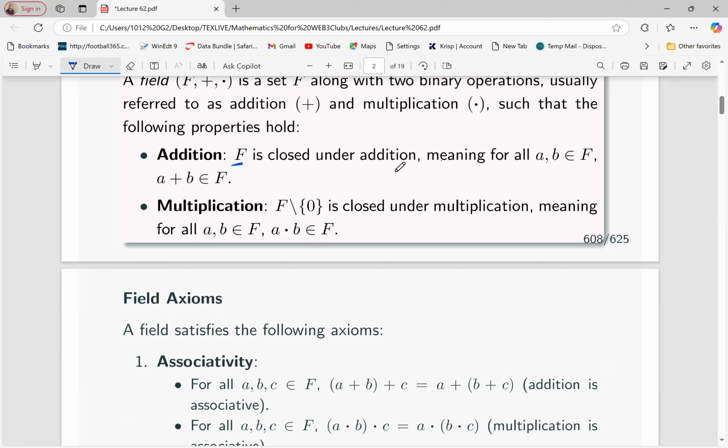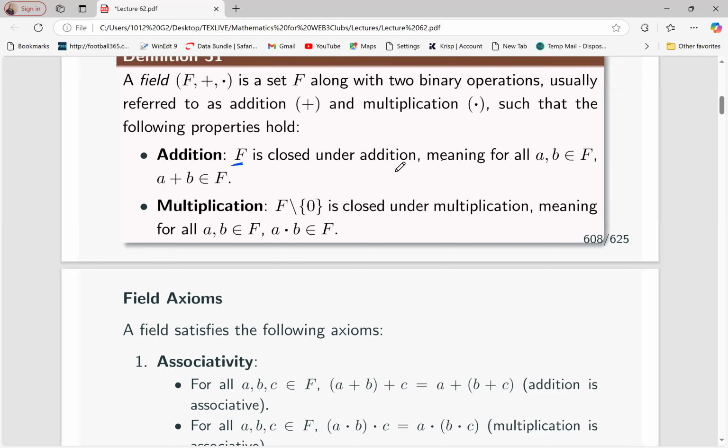That means you pick any two elements A and B from the field, their sum must be in F. So we say F is closed under addition. Under multiplication, you only need to remove 0 from F, so that we are now considering F star, F without 0.